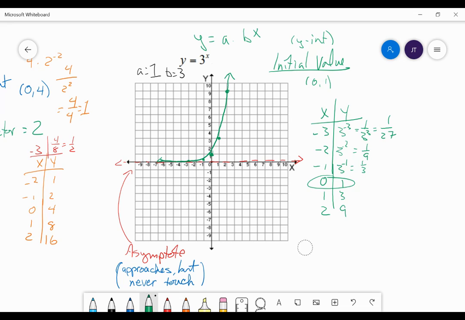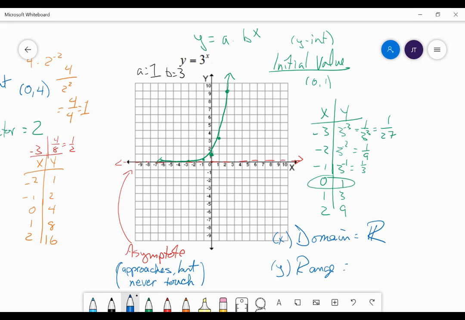Finish out with our domain and range. Our domain is always, for exponential, all real numbers. Then our range, remember, is from bottom to top, because range is y. The bottom, it looks like 0. It's getting close to 0, but never touches.